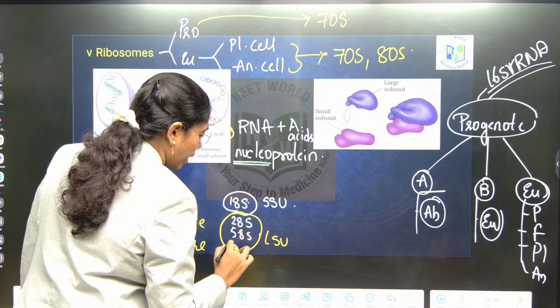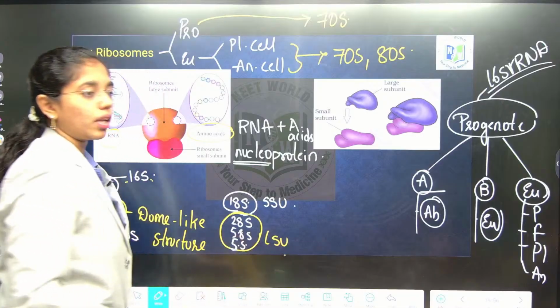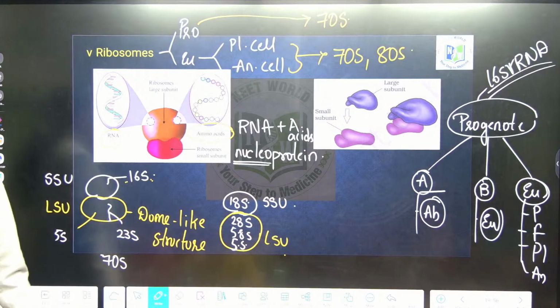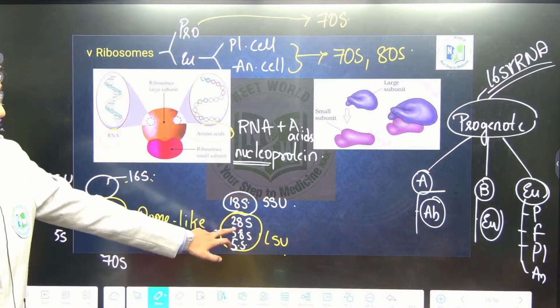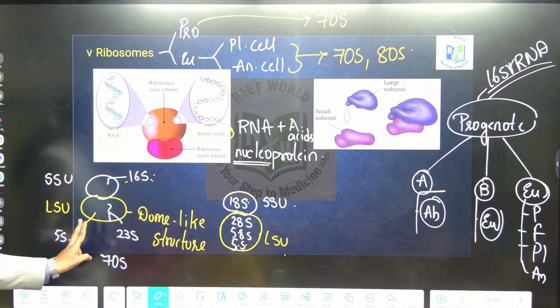5.8S and 5S subunits are in the larger subunit region. These are the subunits present in the larger and smaller subunits. Very easy to remember: 18, 28, 5.8, 5. 5 is common in both the larger subunits.